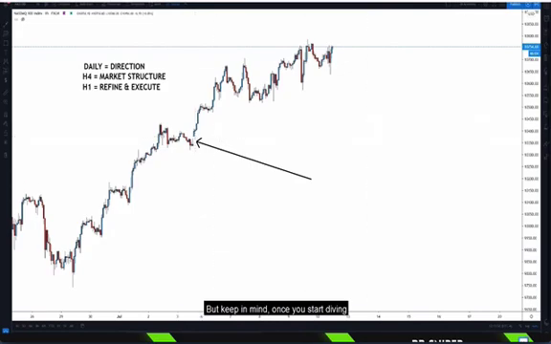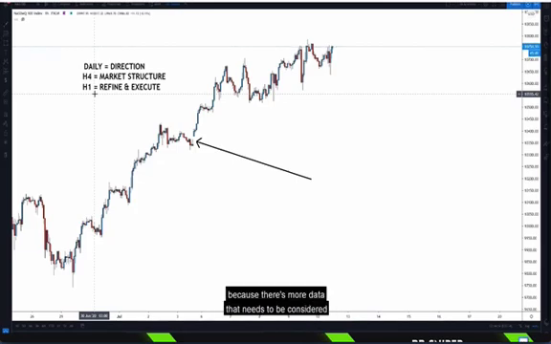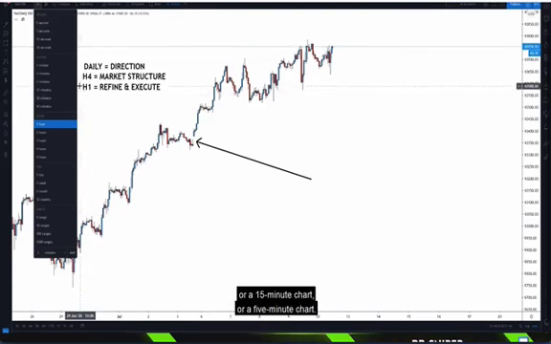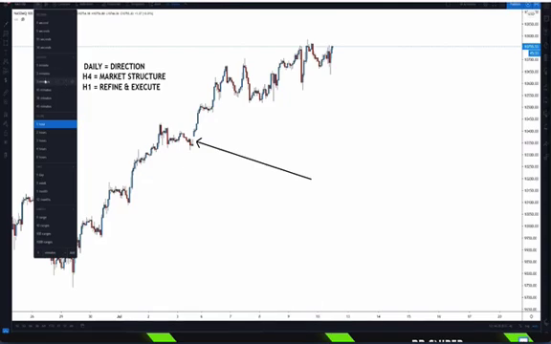But keep in mind, once you start diving into the smaller time frames, and in my opinion, anything under the hourly chart is considered a small time frame, there's going to be more noise because there's more data that needs to be considered once you start getting into something like a 30-minute chart or a 15-minute chart or a 5-minute chart.